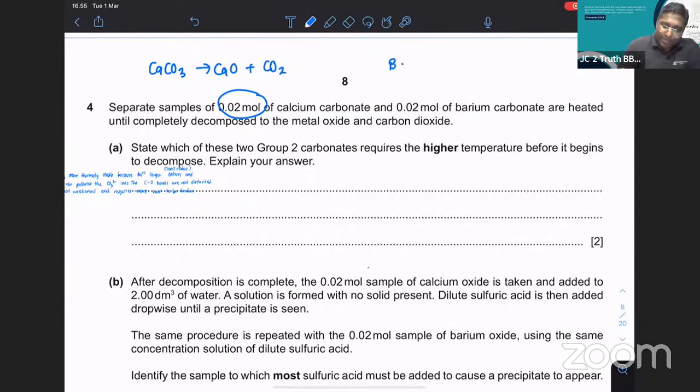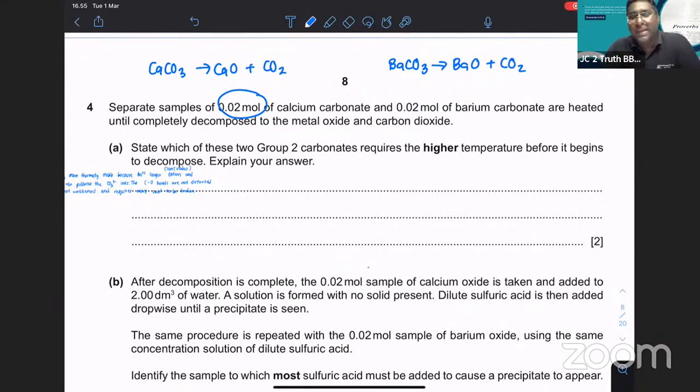If I have barium carbonate, then I heat, I will get barium oxide and carbon dioxide. So you do that, you will decompose. They ask which of these 2 group 2 carbonates requires a higher temperature before it begins to decompose.